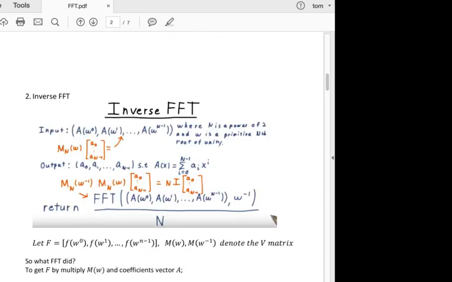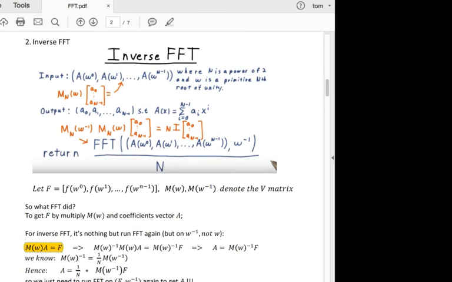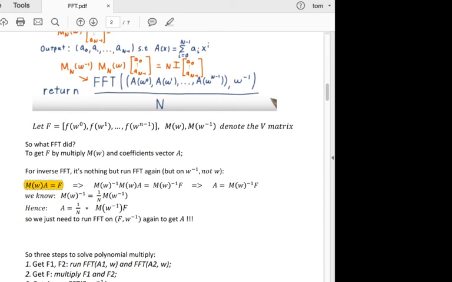In our proof, the f here is the needed vector, and the Vandermonde matrix is just the endpoints.